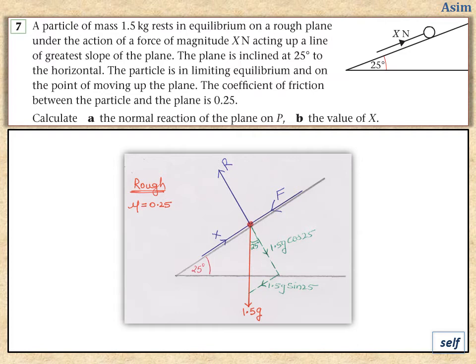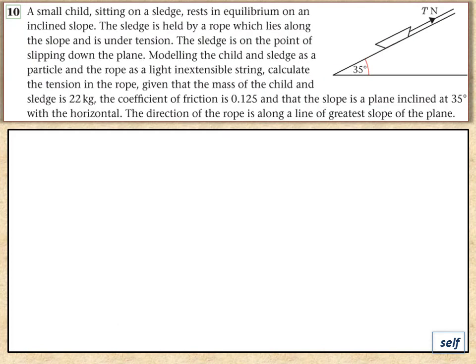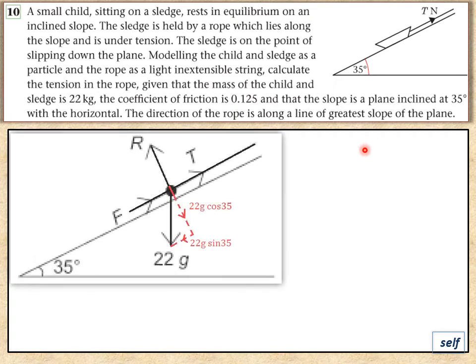Next, a similar situation. Again, I want you to read this question. Pause the video, read, try to draw the scenario, then you will see the diagram, and then you will solve on your own. Again the same thing, mu is given, F equals mu R. The angle is 35, so this will also be 35.